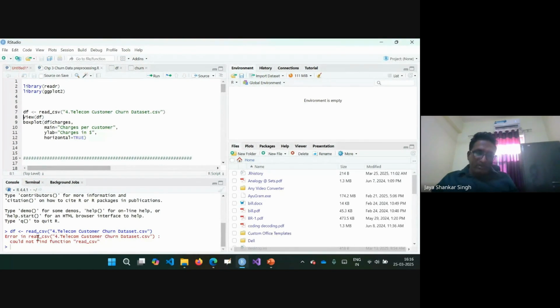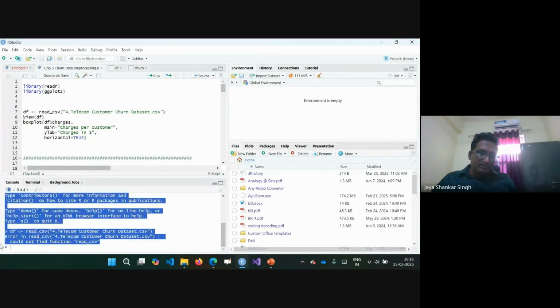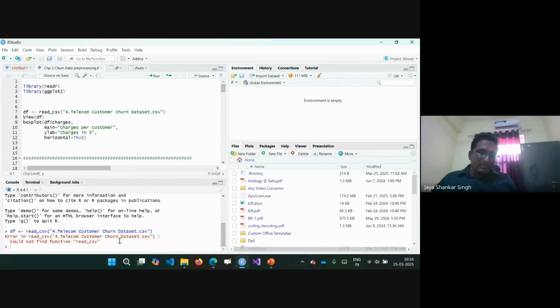Now, what is this particular error saying here? Could not find function read underscore CSV. What happened? Because I have not loaded this particular library or package, I do not have access to the read underscore CSV function. Now, read underscore CSV is a function. How did I come to know? Because of this opening bracket and closing bracket. It is a function, it is doing something.